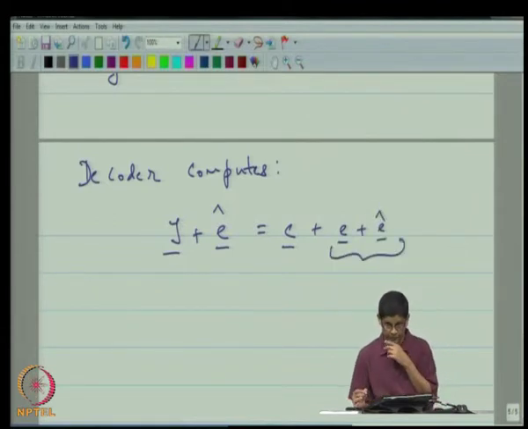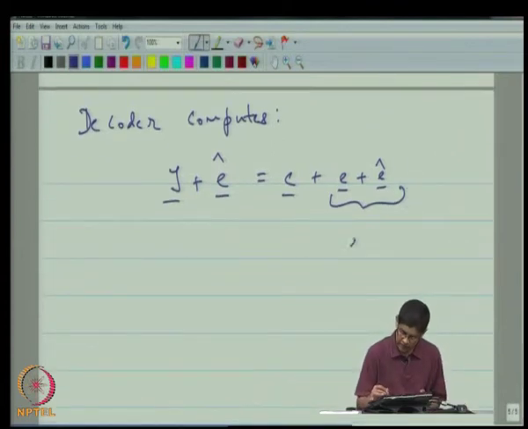Let us call this E tilde, and I am going to call this the residual error pattern.